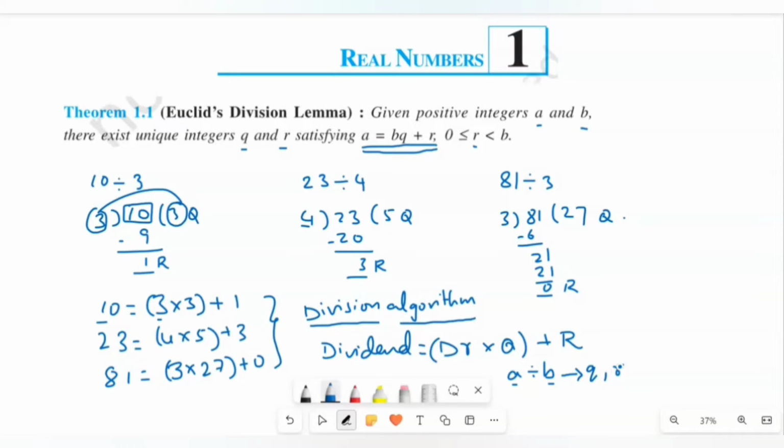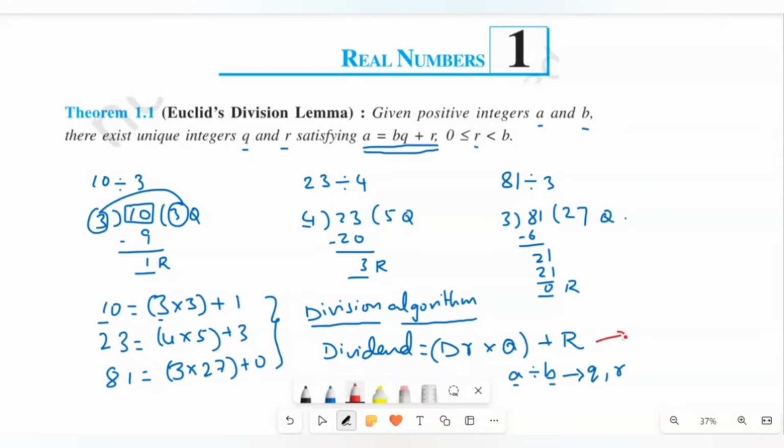Then dividend a is equal to divisor b times quotient q plus remainder r, which is the same as our division algorithm and the relation given in the theorem.